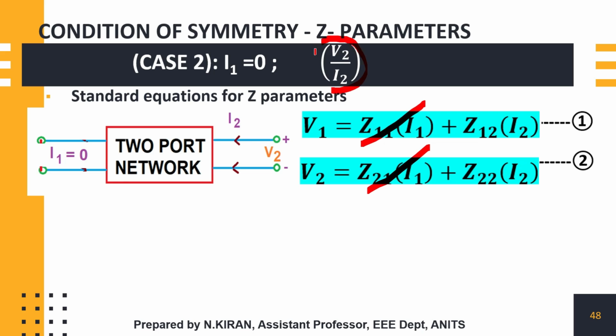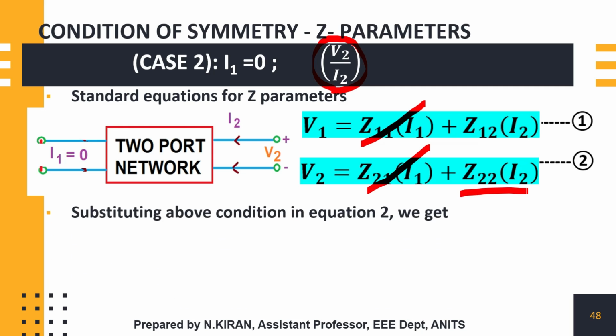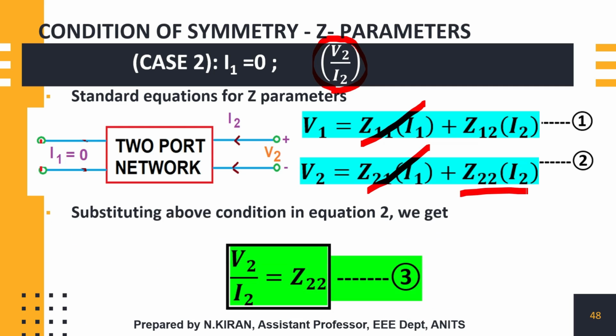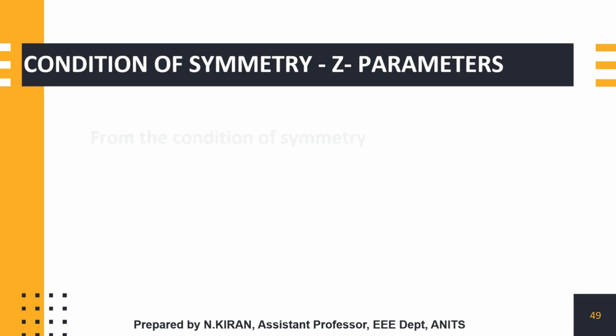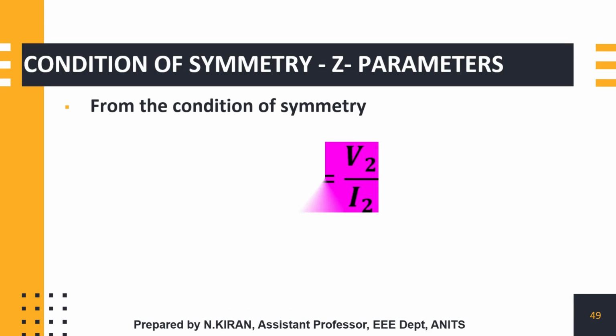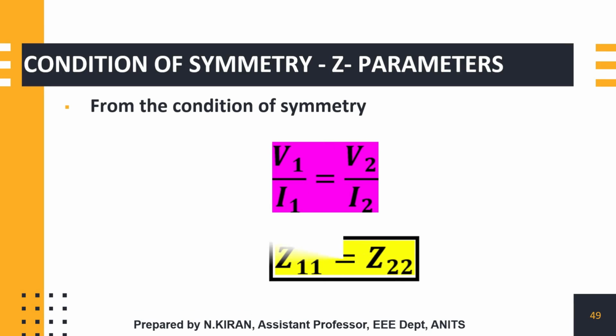Since my objective is to find the ratio V2 by I2, I'll get it directly from the second equation to be Z22. So on equating these two conditions which we have obtained, according to the condition of symmetry, V1 by I1 should be equal to V2 by I2. Hence for Z parameters, the condition of symmetry is Z11 is equal to Z22.